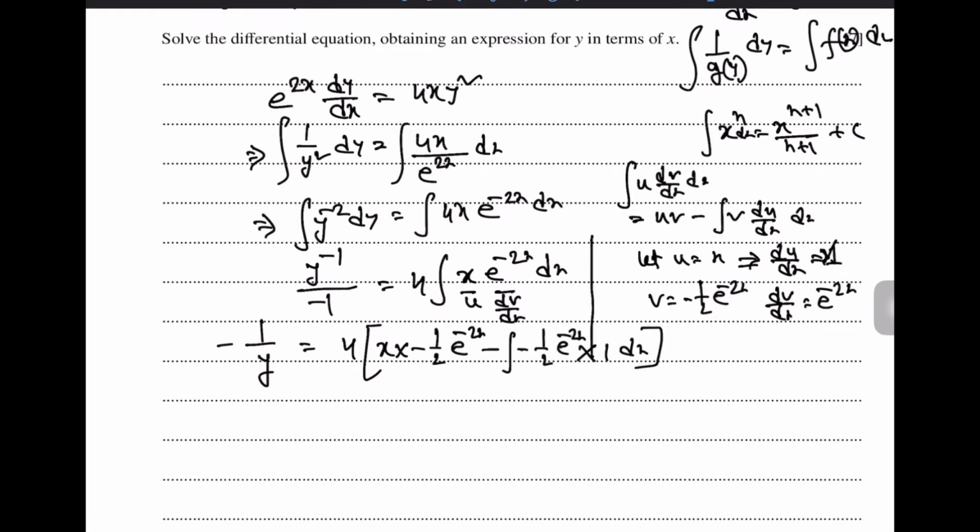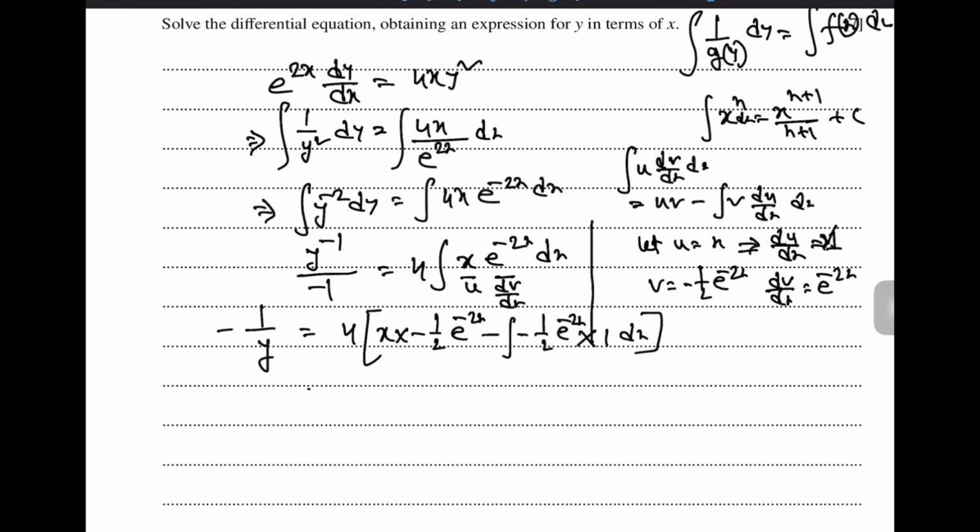Now let us simplify. 4 times minus x by 2 e to the power minus 2x, minus, again it should be 1 by 4. Let me integrate this again. Minus 2x, plus, sorry, there is 2x, plus c.